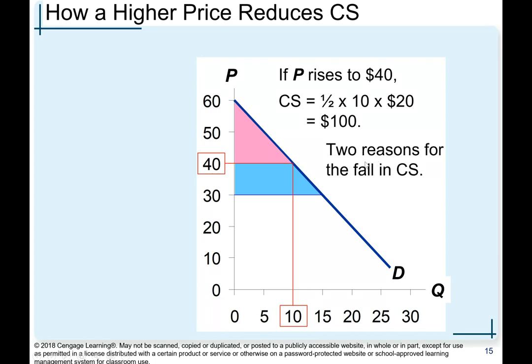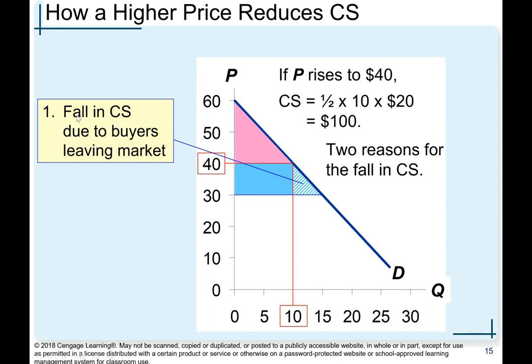Two reasons for the fall in consumer surplus. One reason is the fall in consumer surplus due to buyers leaving the market. The marginal buyer will leave the market. Price has gone above my willingness to pay. I'm out of this market. So the area of this little triangle here is people leaving the market from 15 down to 10 because they no longer want to pay that price.